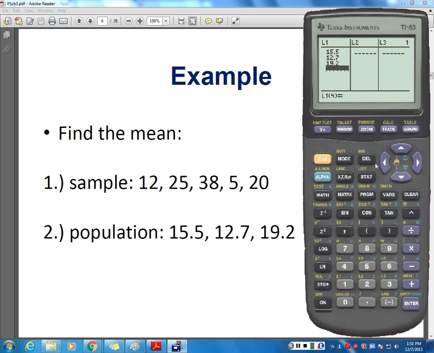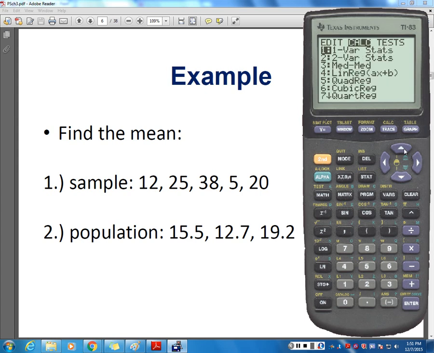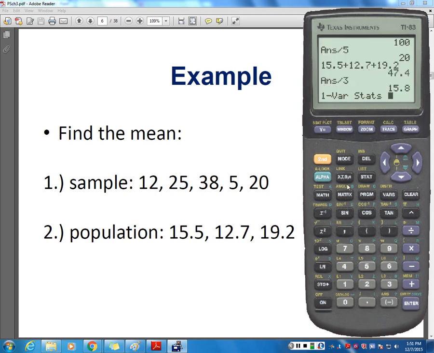Once they're all in, I press the Stat button again, go over to Calc. One var stats is at the very top. That's one variable statistics. And it's a good practice to put in list 1 to tell the calculator what list you're finding the statistics for.